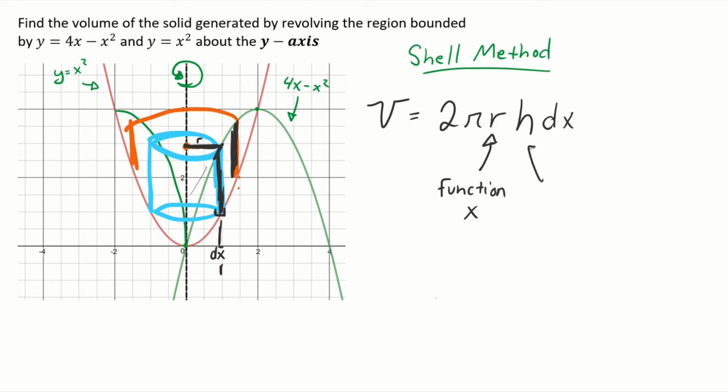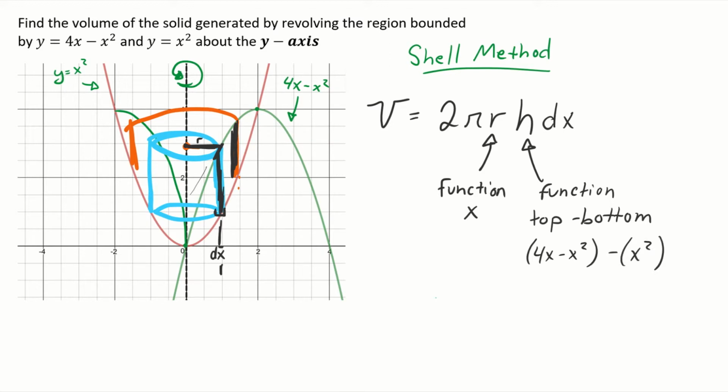So the height we are seeing is also a function. But this function, it's the difference between your two curves. And just like find the area between curves, it is top minus bottom, or it might be right minus left if you're revolving around a horizontal line.